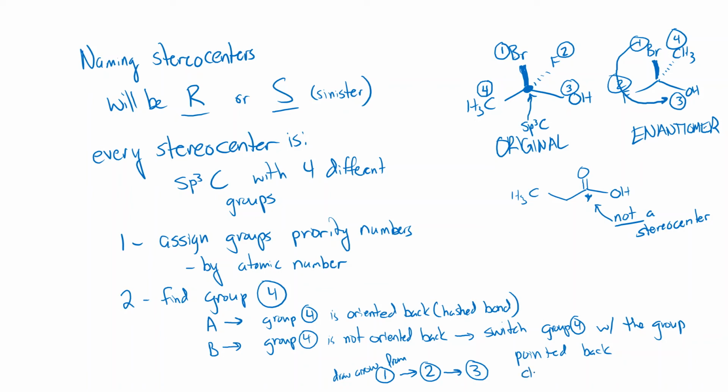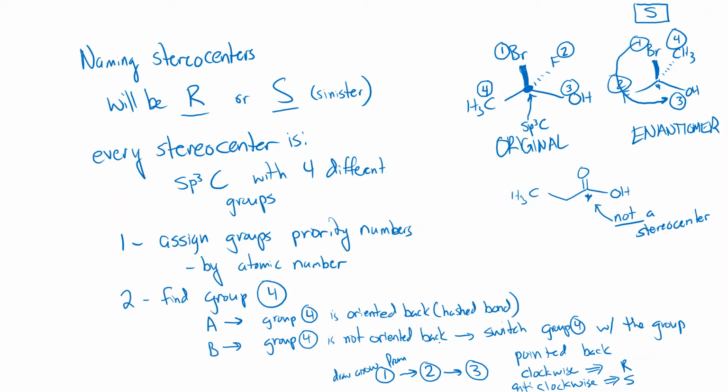If this is clockwise, then the stereocenter of our enantiomer is R. If it's counterclockwise, or if you're British, anti-clockwise, then the stereocenter of the enantiomer is S. So this one we're going counterclockwise, so this stereocenter here is S.